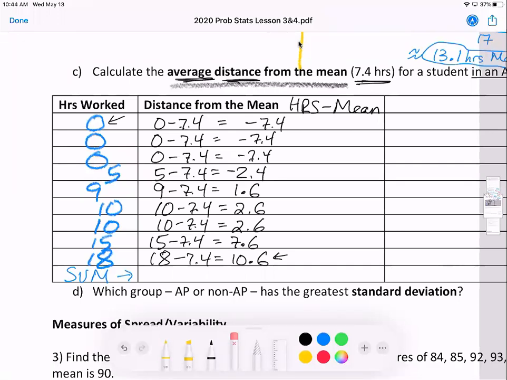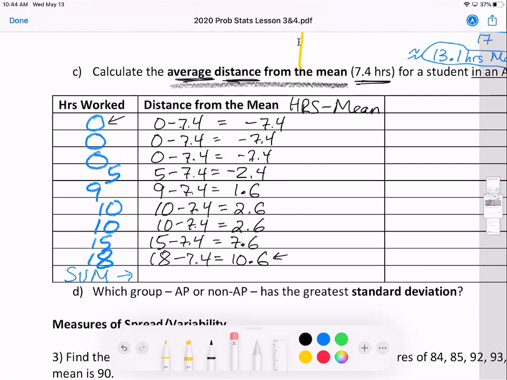I got 0.4. Now I'm going to put this in quotes because that's not exactly the right answer. If you've been following along in your calculator, this mean should actually be like 7.44. So these are all rounded answers.